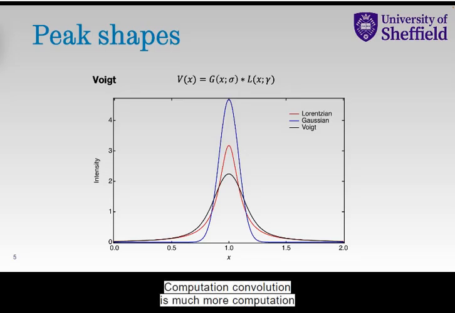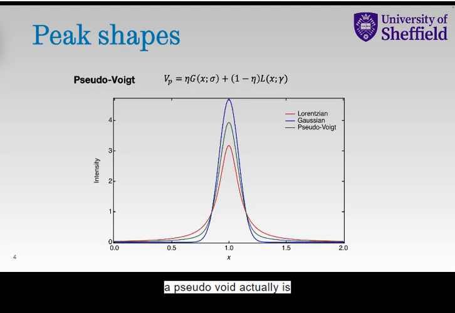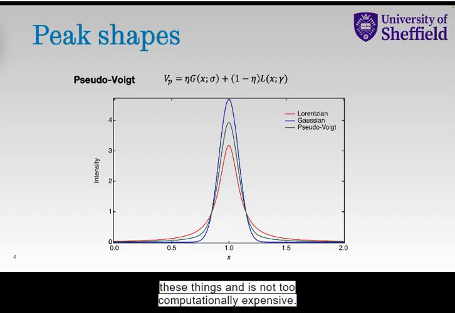And computationally, doing a convolution is much more computationally expensive than doing an addition. And actually, people have found that a pseudo-Voigt is a very good peak shape for modeling these things and is not too computationally expensive. So it tends to be the sort of preferred peak shape of choice when we're doing diffraction refinement.